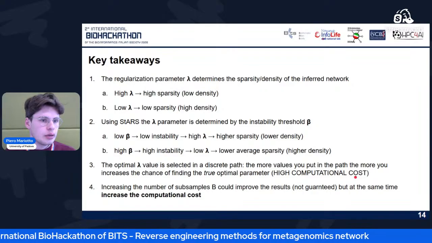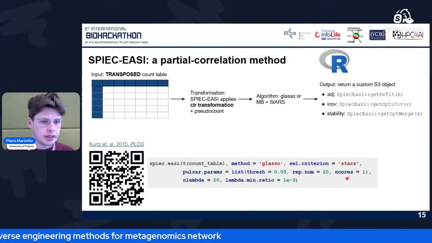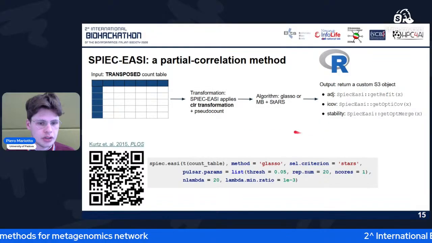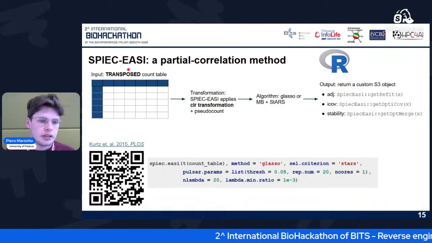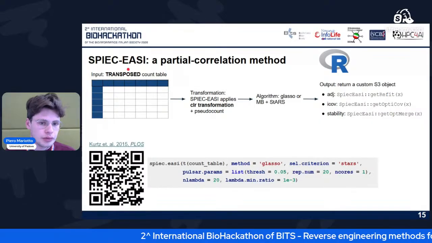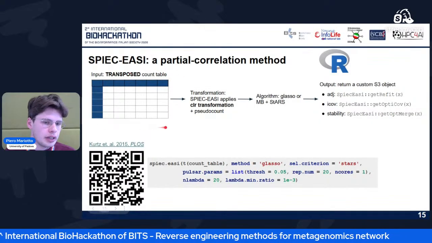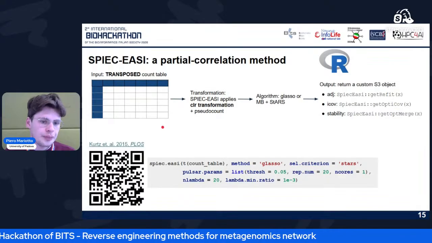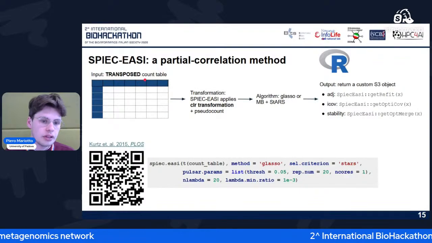So let's take a look at some methods that employ this conditional independence paradigm to infer microbial interaction networks. One of the first that was developed and is most likely one of the most famous is SPIEC-EASI. How does it work? It starts from an input count table, and remember that, as with CCLasso, it expects features in the columns, so you will most likely need to transpose your count table.